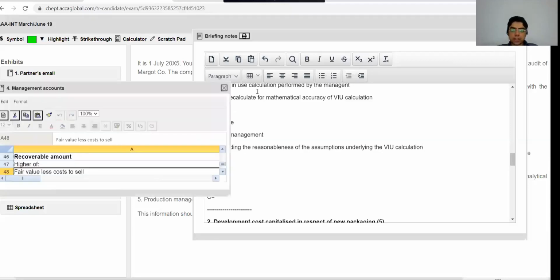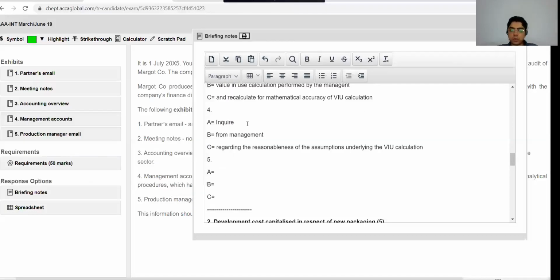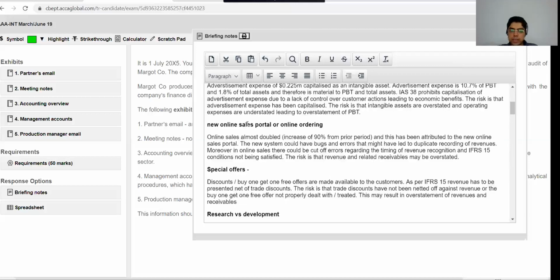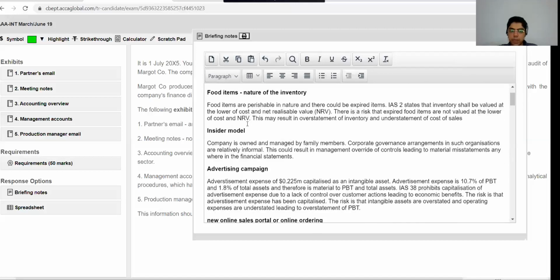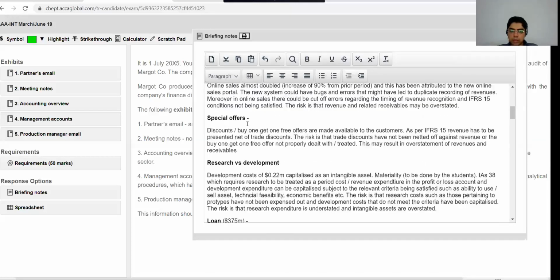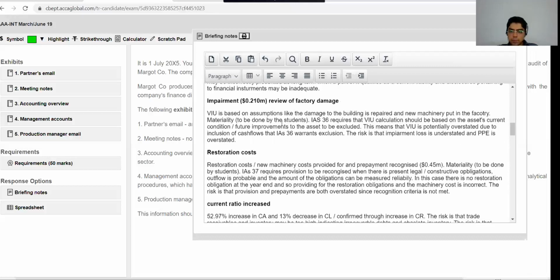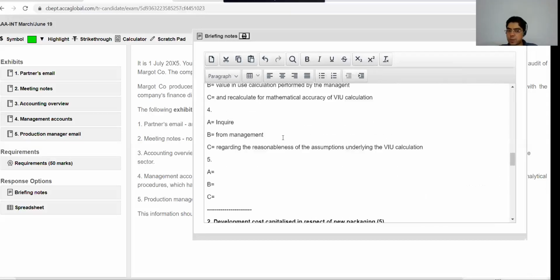Then, if you look at it, there was something unreasonable in that. If you recall from my risk assessment, there was a problem. They used cash flows which should not have been included as per IAS 36 because they were related to future improvements.